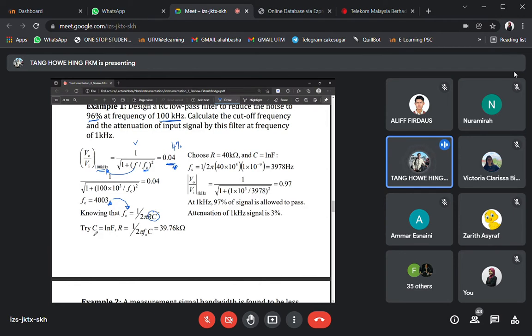By trial and error, we try a capacitance equal to 1 nanofarad, substitute into here, and solve for R. Therefore, we get R equal to 39.76 kilo ohm.